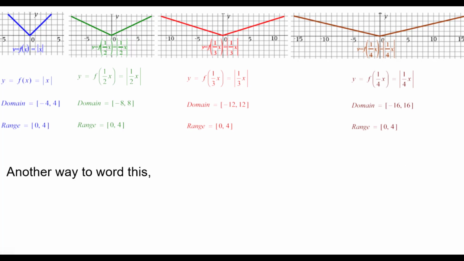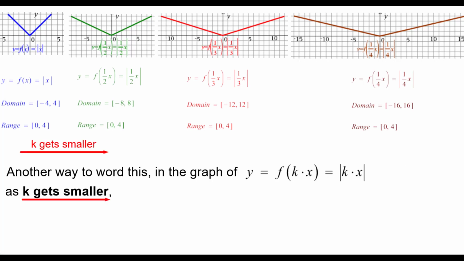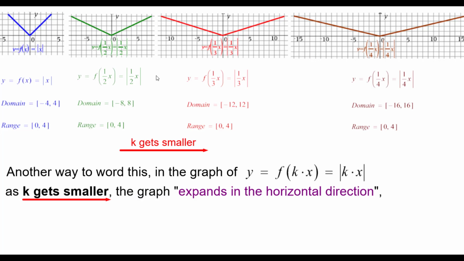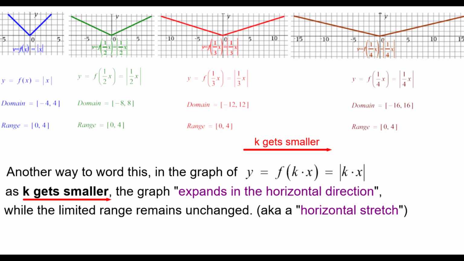Another way to word this, in the graph of y equals the absolute value of some constant times x, as k gets smaller, going from 1 to 1/2 to 1/3 to 1/4, the graph expands in the horizontal direction, while the limited range remains unchanged. Sometimes we call this a horizontal stretch.